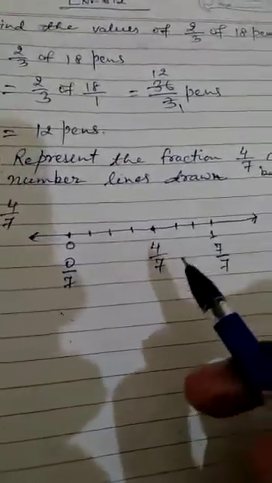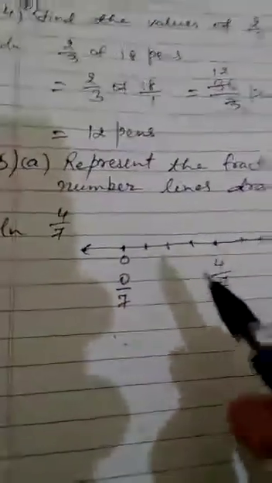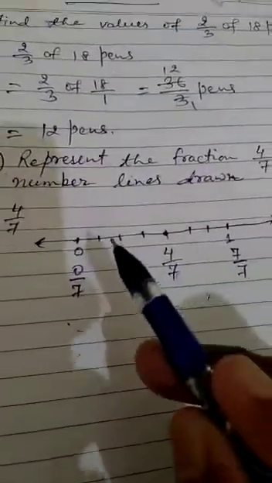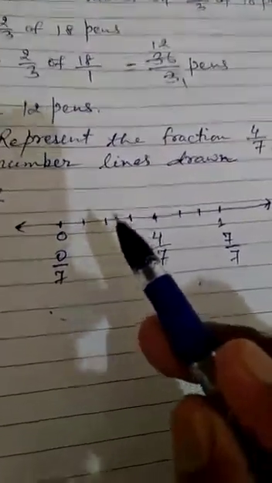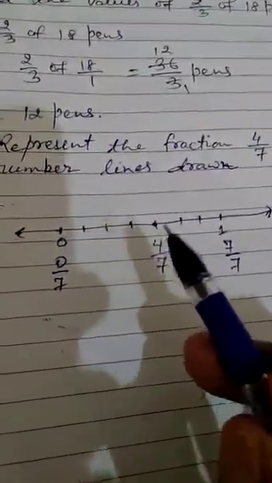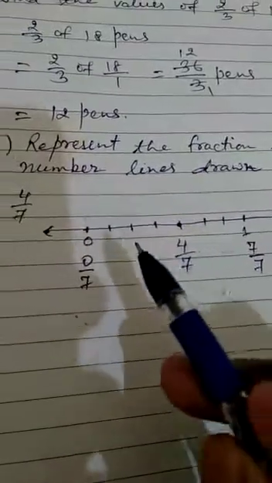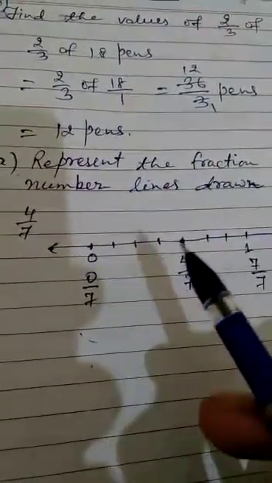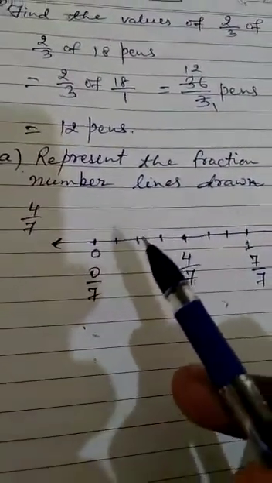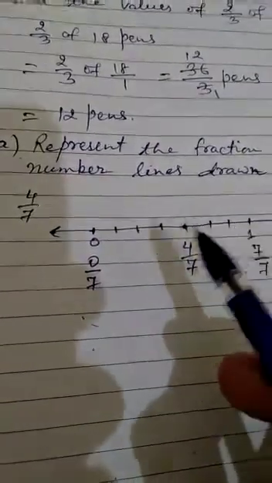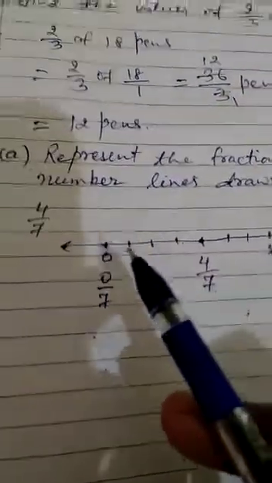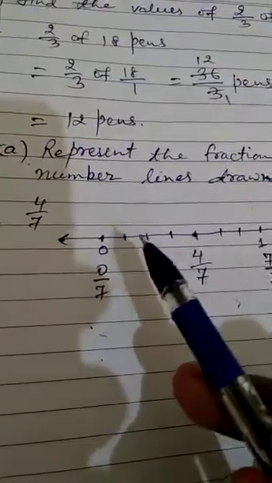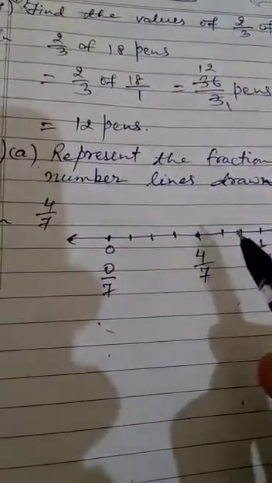And how can we divide into 7 equal parts? So between 0 and 1 we will put 6 equally spaced lines. Then we will get 7 equal parts. Now you see 1, 2, 3, 4, 5, 6. 6 equal points we have given. Now you count the parts: 1, 2, 3, 4, 5, 6, 7.